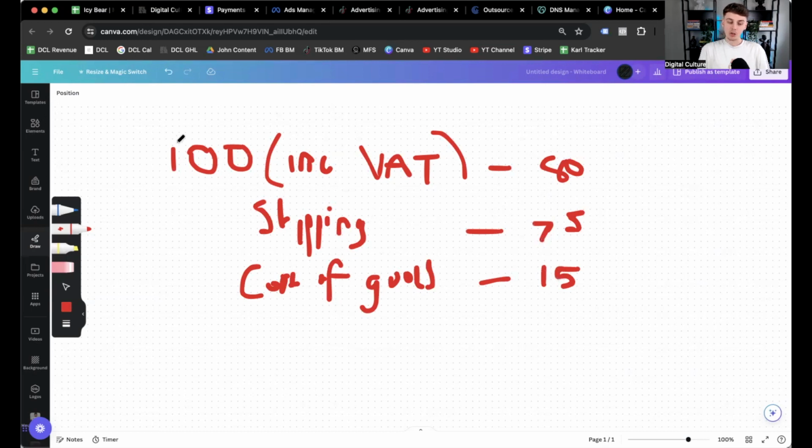So for every £100 product that this e-commerce brand sells, after VAT, after the shipping, and after the cost of goods, it's £15, which therefore tells me, as the advertiser, I can spend up to £15 to acquire a customer to make this profitable. So if I'm spending £15, I'm breaking even, so that doesn't make me any profit.